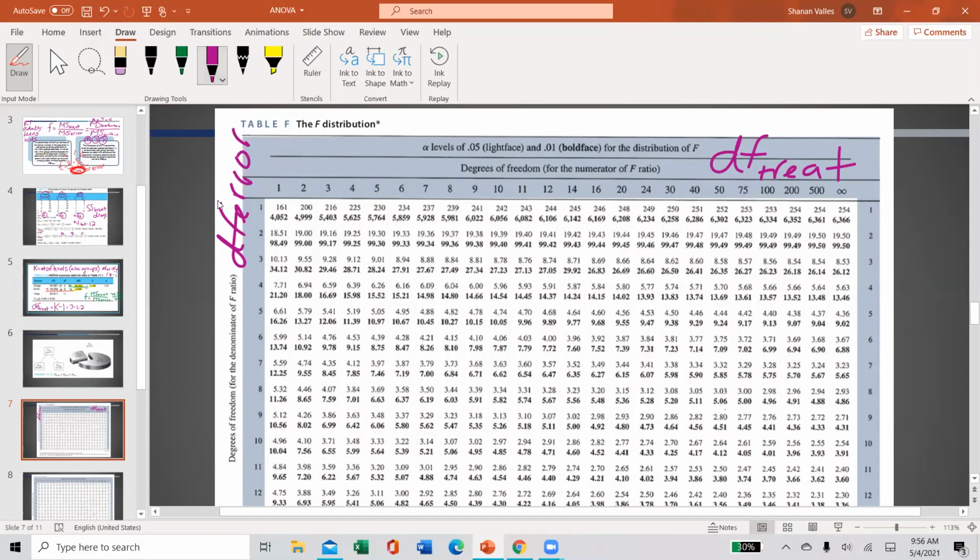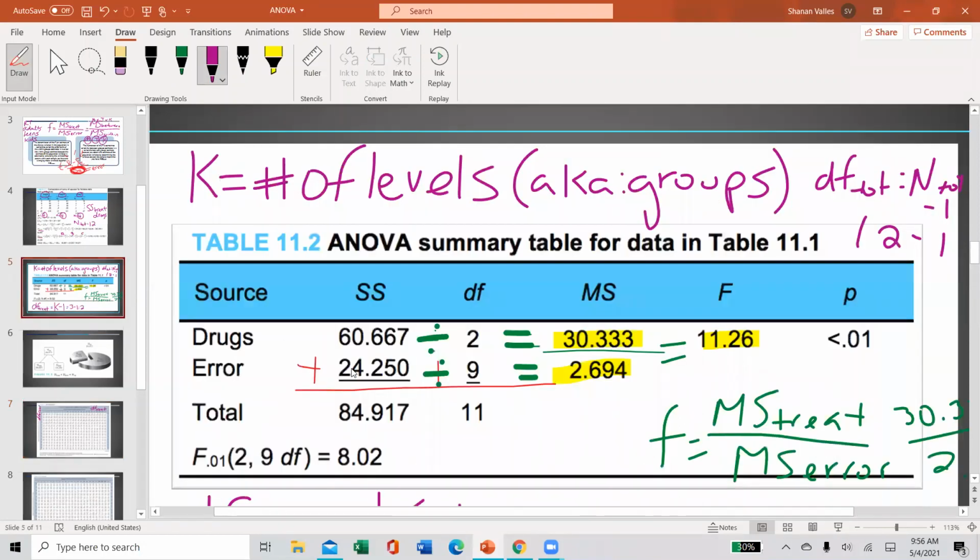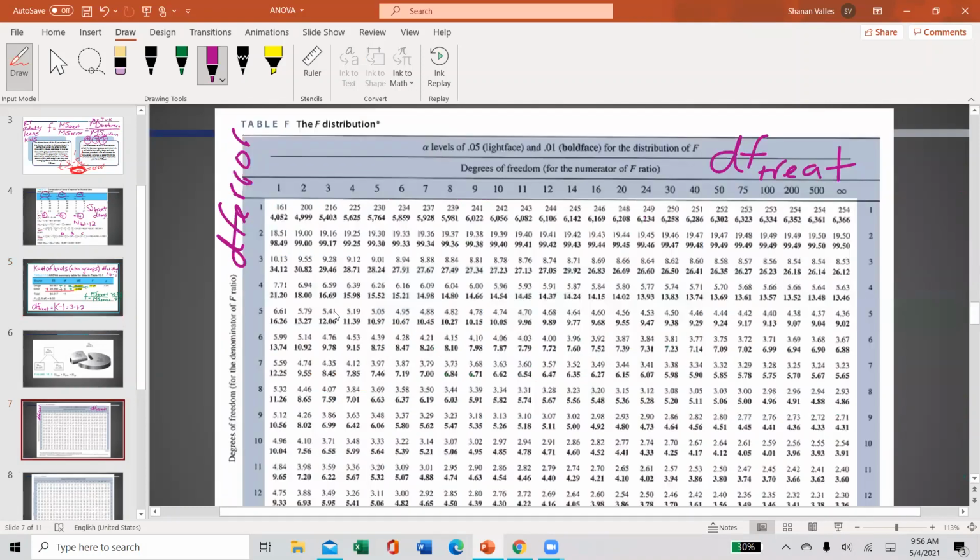Okay, so if we look back at our example, our degrees of freedom treat was 2, and our degrees of freedom error was 9. And that's why he has those listed right here like this, 2, 9. That means that we come here to 2 by 9 right here. This square is our 2 by 9, okay?